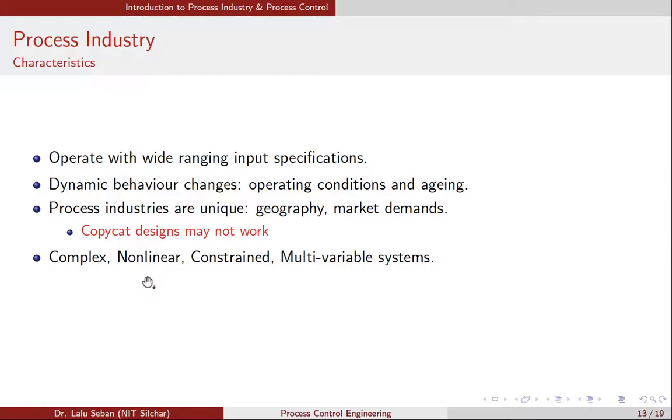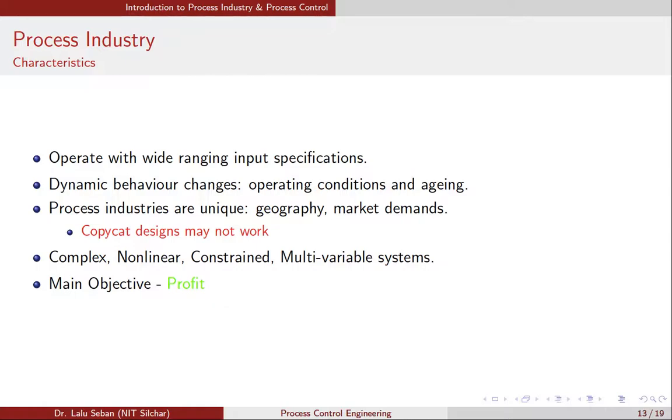In the long operating range, it will be non-linear. There will be many associated constraints, minimum level, maximum level of operations. Each process can be of single input, single output, or of multi input, multi output. Now, what is the main objective of any process industry?